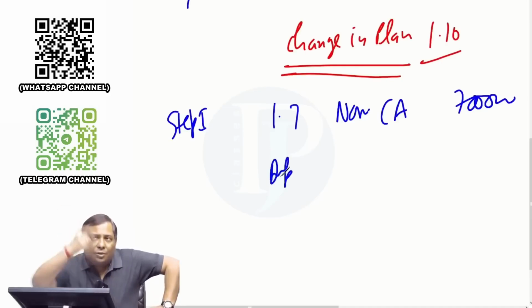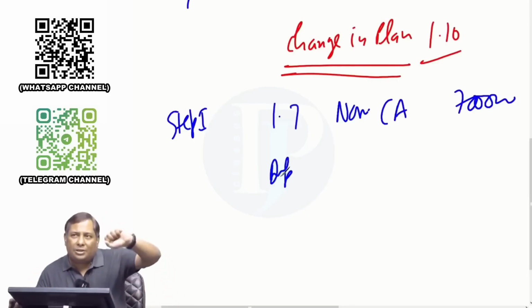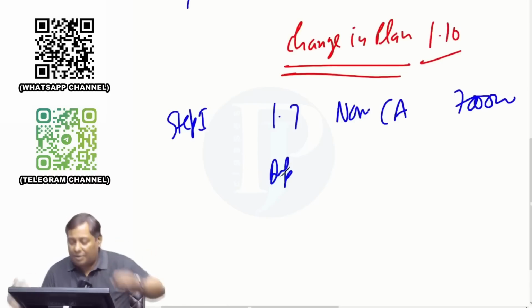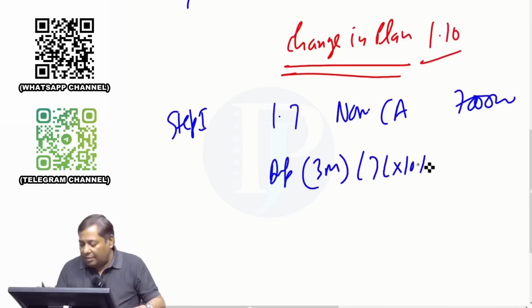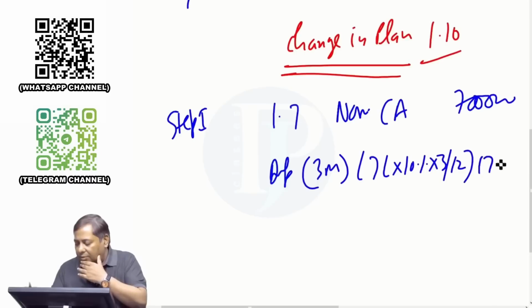If I hadn't come to 105, then I would have been at 975, then 975 dropped to 7 lakhs. Depreciation for 3 months, July to September, will be applicable on 7 lakhs. It is 7 lakhs into 10% into 3 by 12. It's 17,500. So my carrying amount would be this.